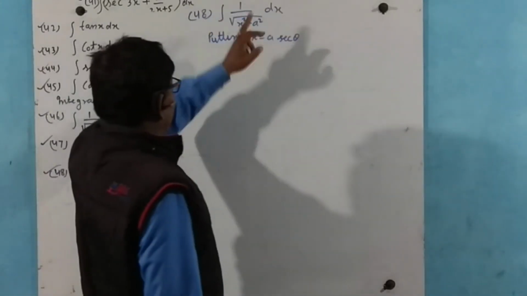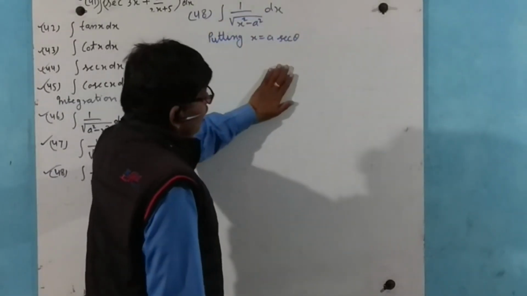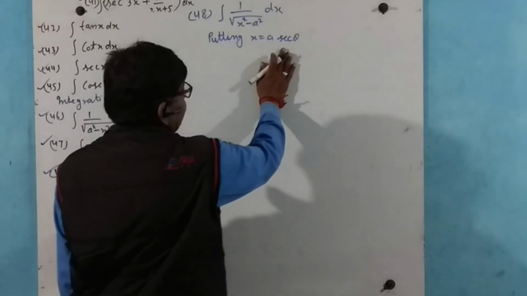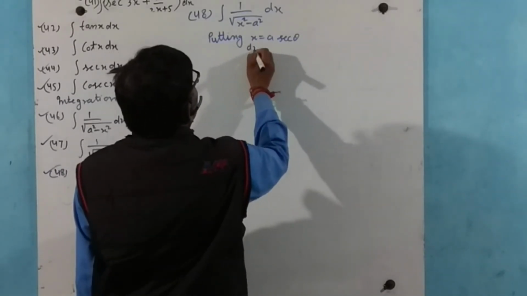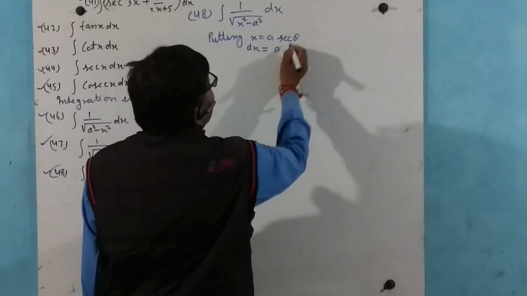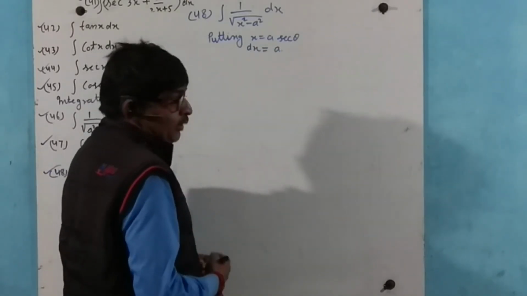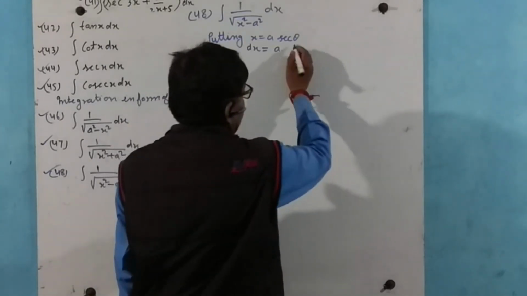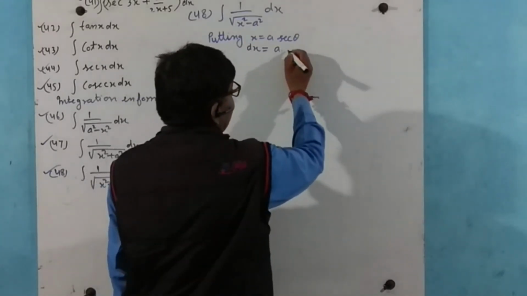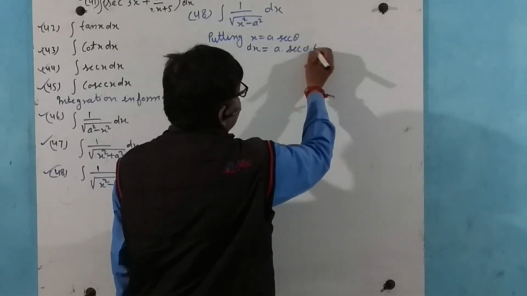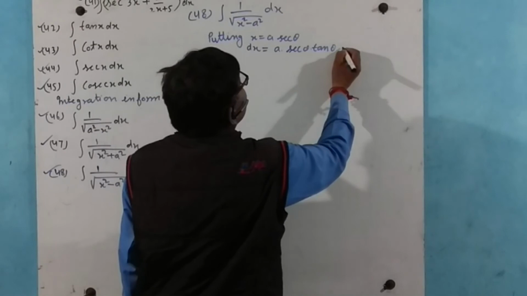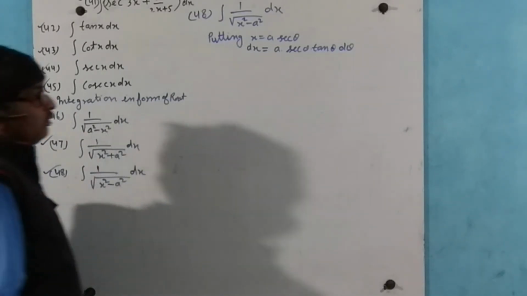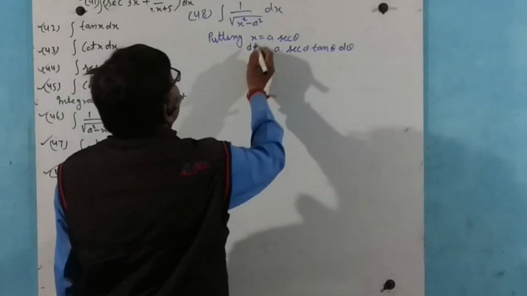Here we put x equal to a sec theta, so differentiating with respect to theta, dx equals a sec theta tan theta d theta, since the differentiation of sec theta is sec theta tan theta.